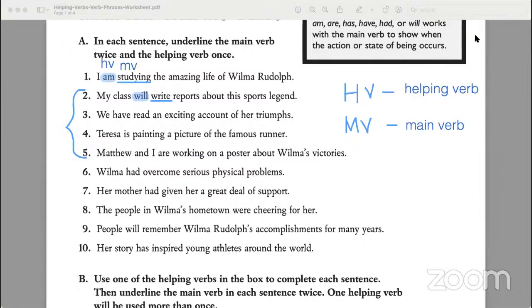Read is a main verb. Read, did you say? We would not be the main. Read. Okay, good. Read. And the helping verb?